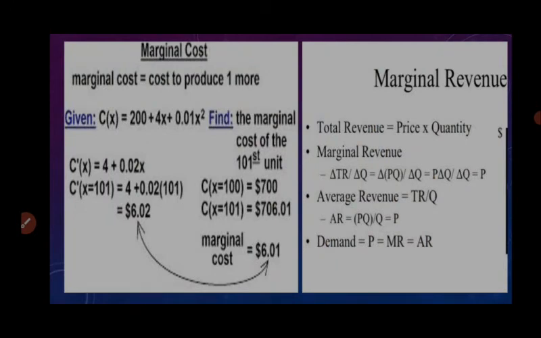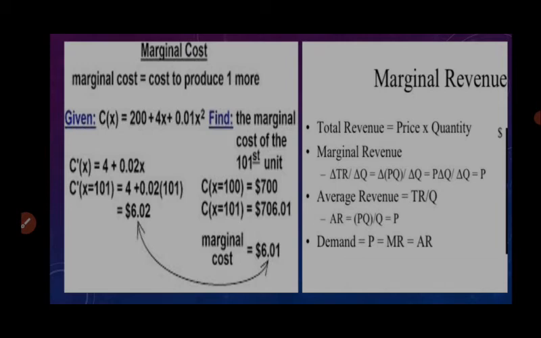Next, marginal cost. Marginal cost is equal to what? The cost to produce one more. Whatever the cost was for production of some countable items, if we want to produce one more, how much extra cost is there, that only is called marginal cost. Then marginal revenue: total revenue is equal to what?